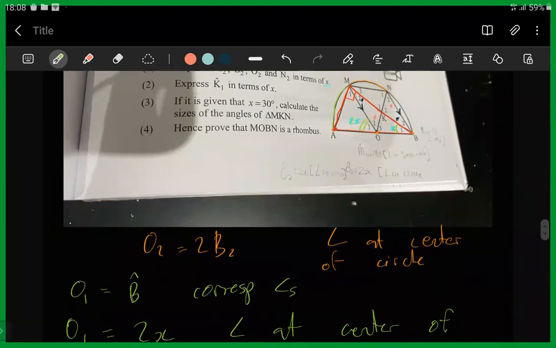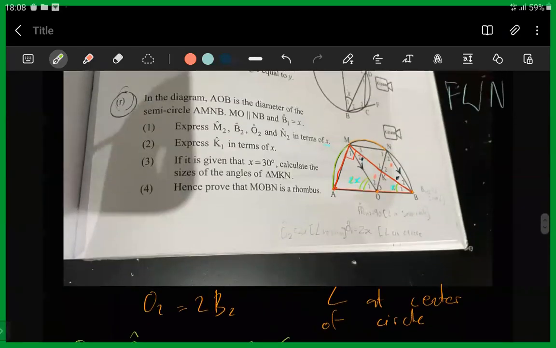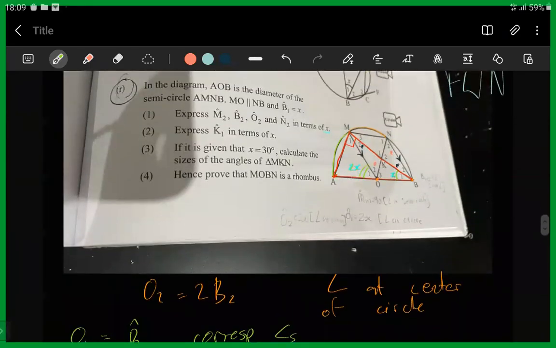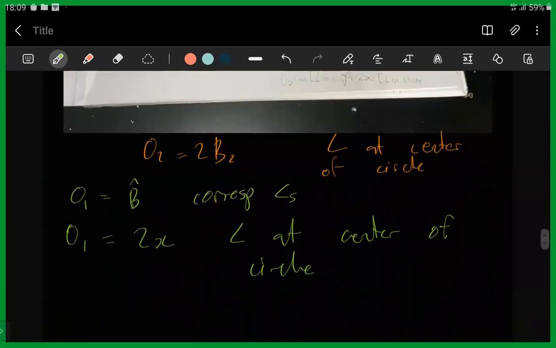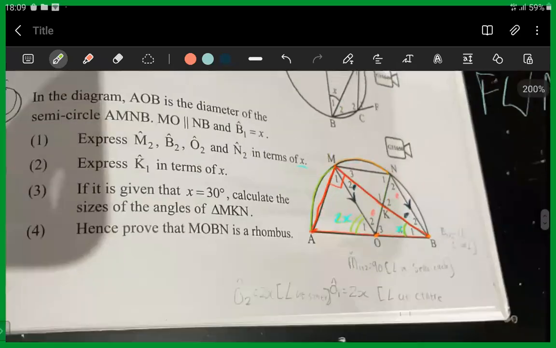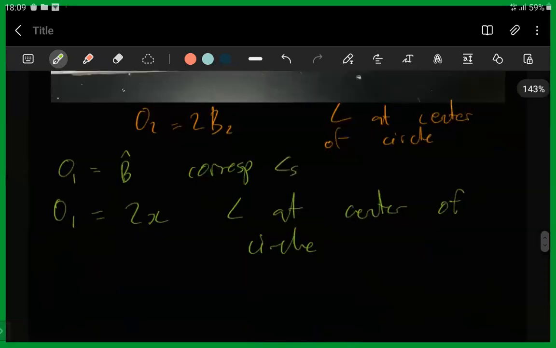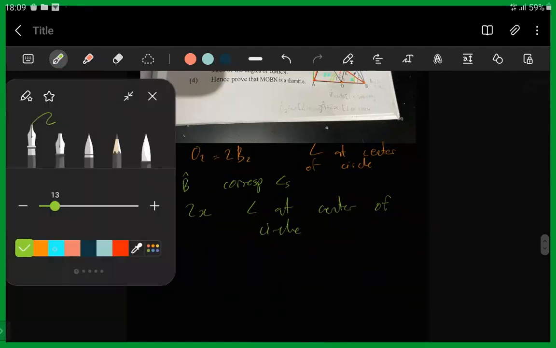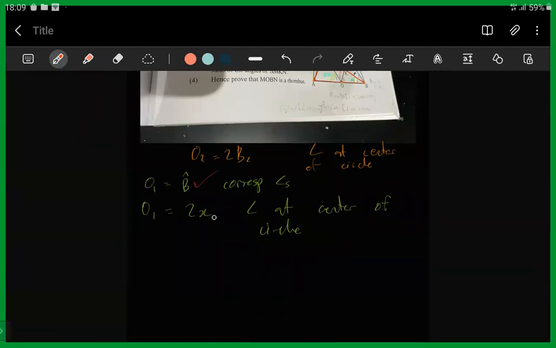It's an angle at the center of the circle. So we have now told them that this is 2x, that this is x, and that the whole of B is 2x, and one part they already told us is x. So therefore here B2 is equal to 2x minus x, which is equal to x.